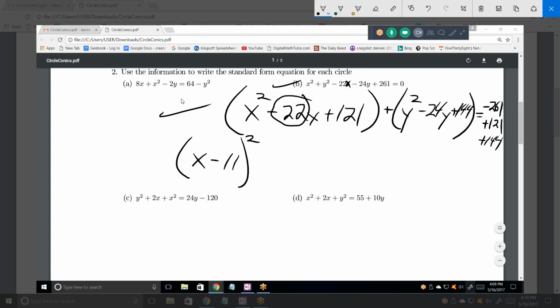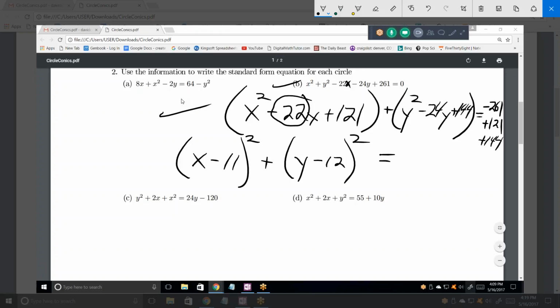In other words, the reason we completed the square was so that we could write this as a linear term squared. And then you take y minus 12, quantity squared.